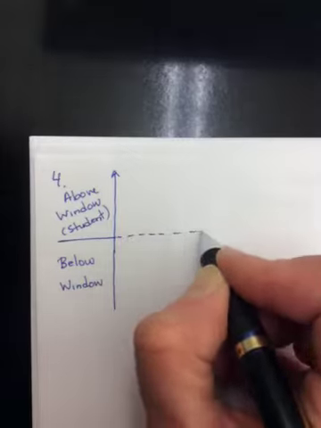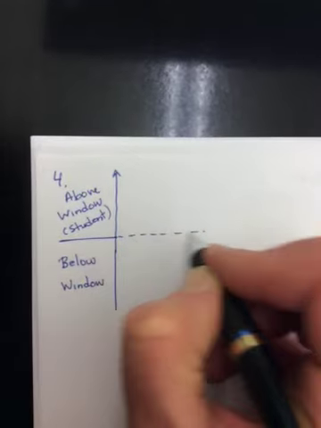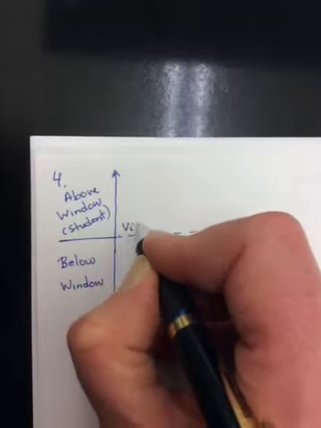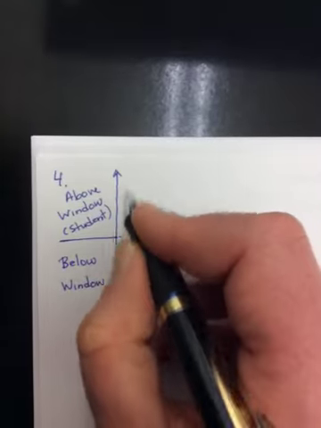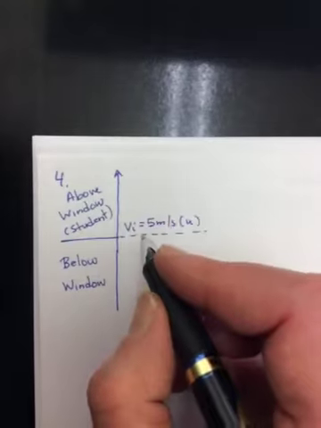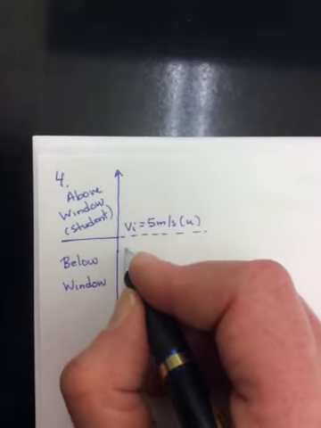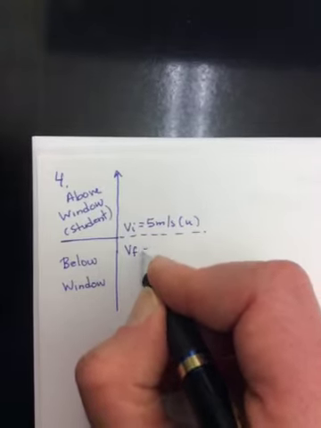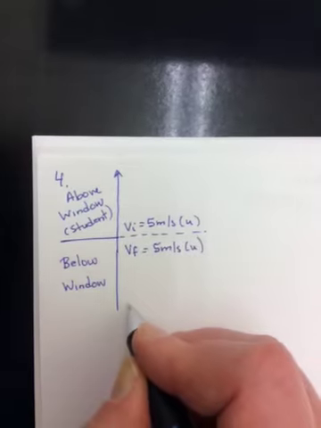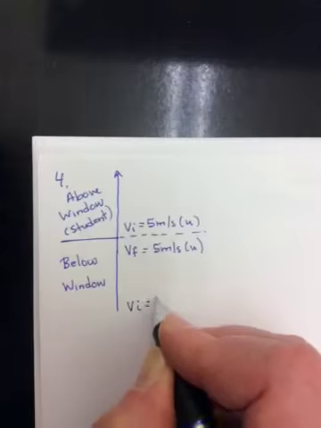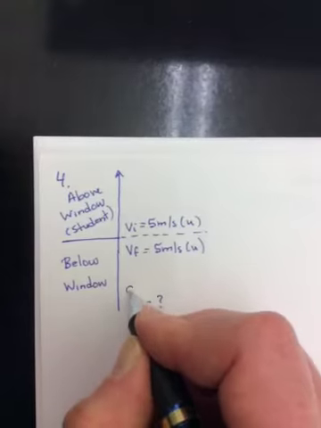So when the student in the window sees it, at this imaginary line here, it's going 5 meters per second up. So at the beginning of the section above the window, VF is 5 meters per second, still up. It's being kicked with some velocity that we don't know, but it definitely has one.